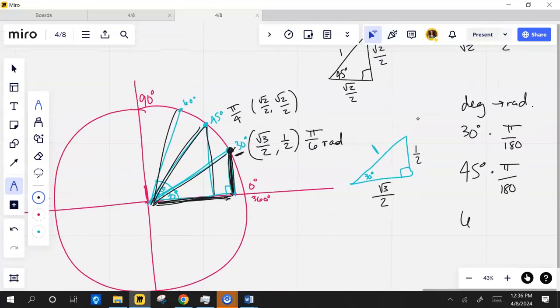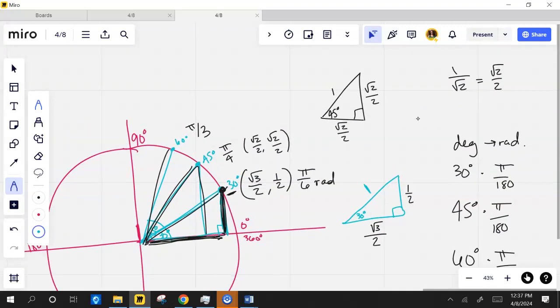All right, 60 degrees. In radians, what do I have? Pi over 3. Now my coordinates are going to be a little bit different because my angle has moved some, right? Instead of this bottom being the 30 degrees, it's the 60 degree now.